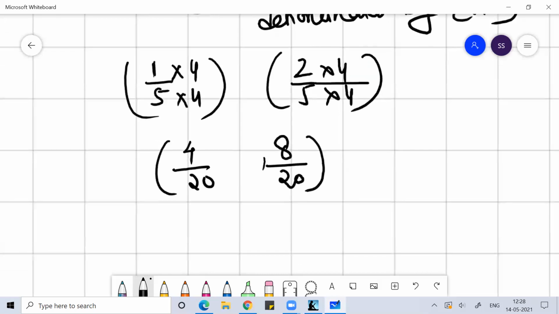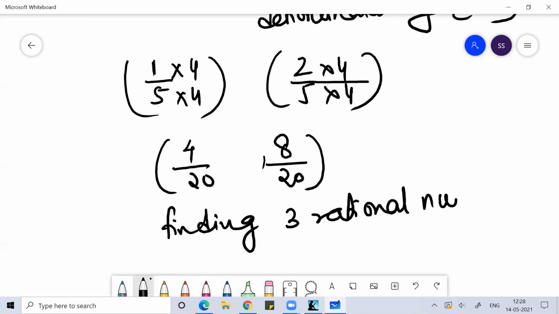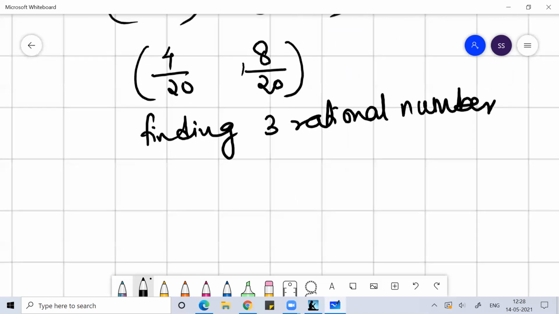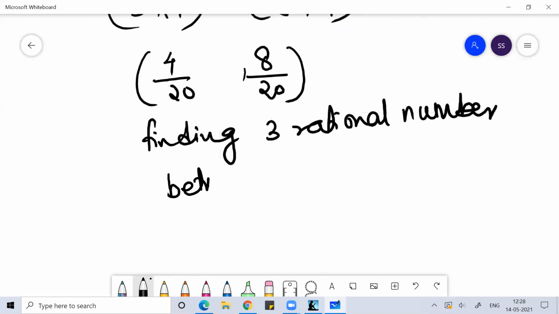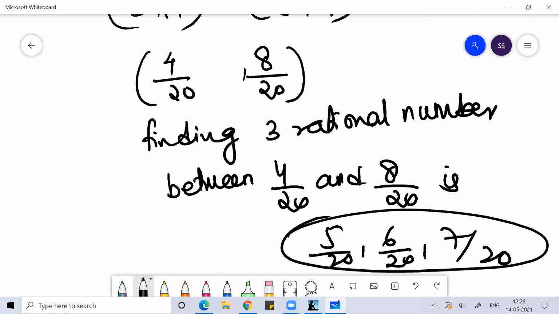Now finding three rational numbers between 4 by 20 and 8 by 20 is a cakewalk: 5 by 20, 6 by 20, 7 by 20. I hope you understand.